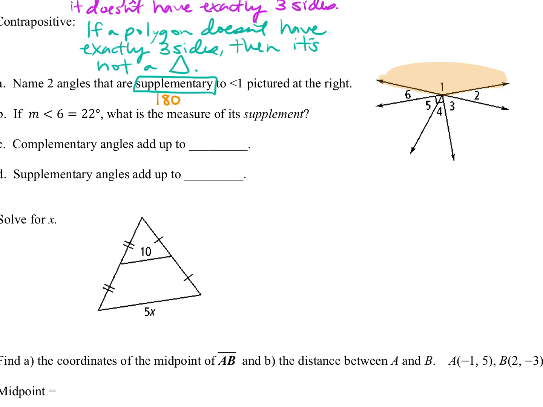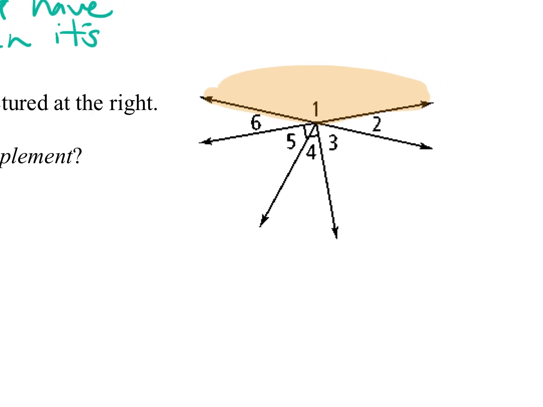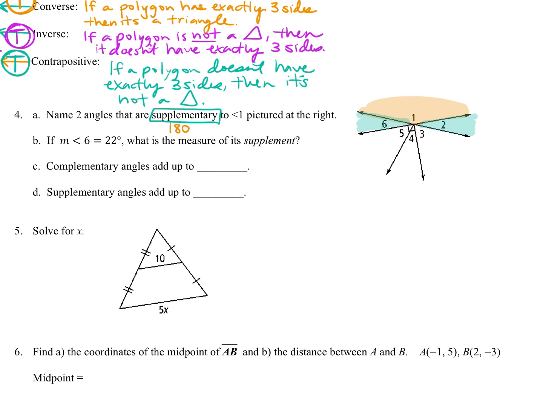Yes. So which angles right now would make a straight line? 6 and 2. Angle 6 here, angle 2 over here. So your answer, 2 angles that are supplementary would be angle 6 and angle 2.